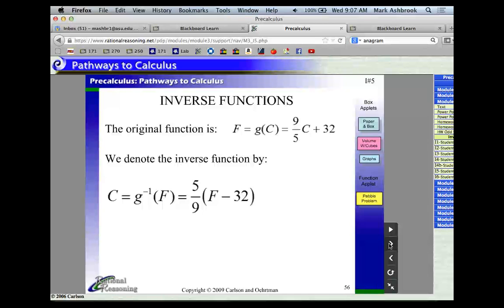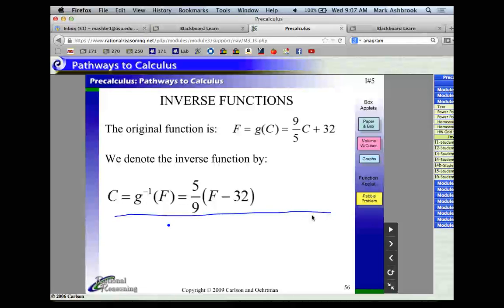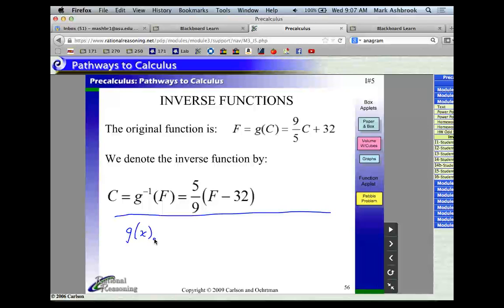So we use these symbols C and F to represent Celsius and Fahrenheit. But what I want to show you is that generically, what's normally done is, X is kind of the generic name for the input of any function. So if X is the input of G, what does X represent here?